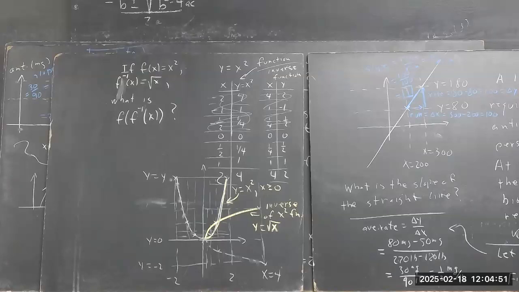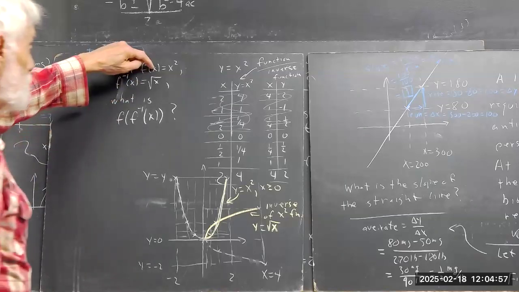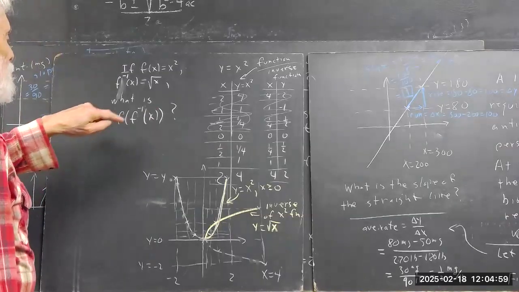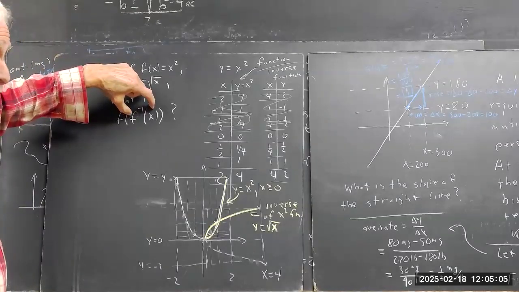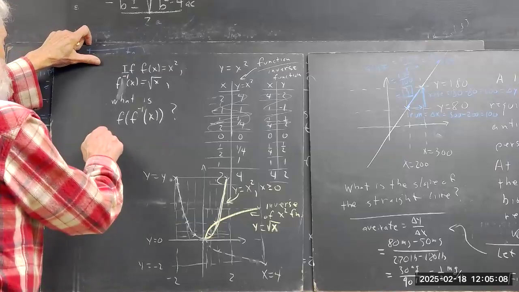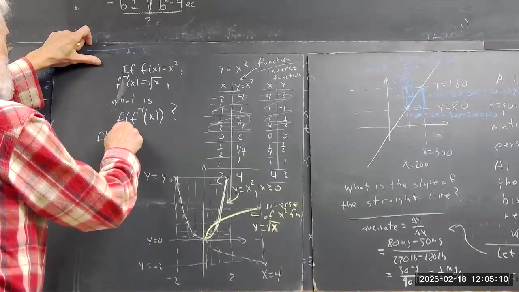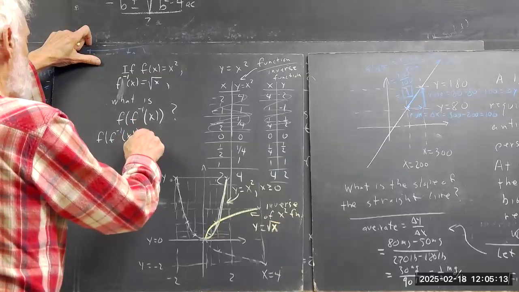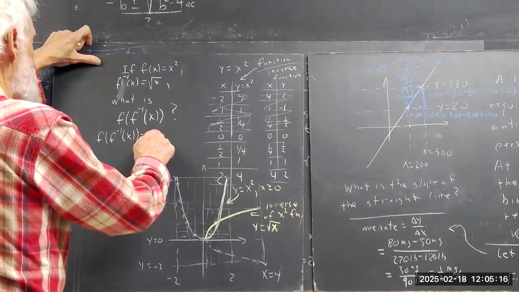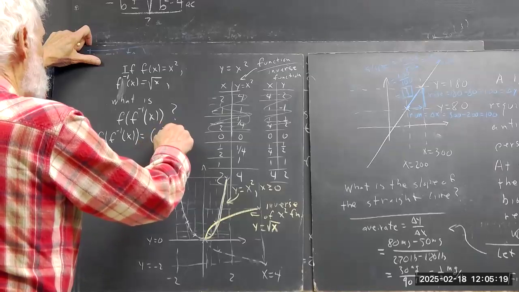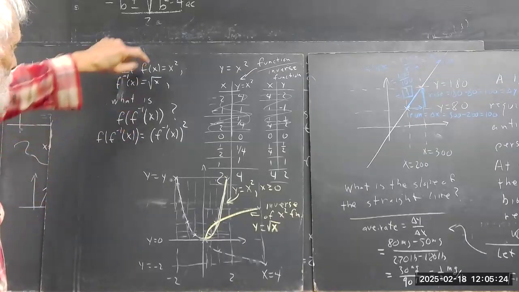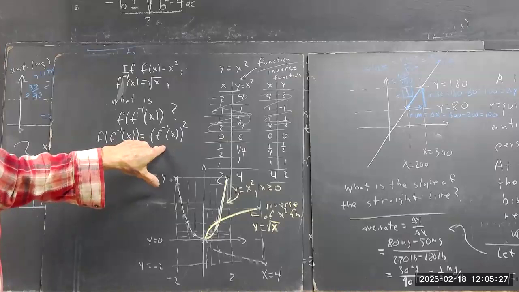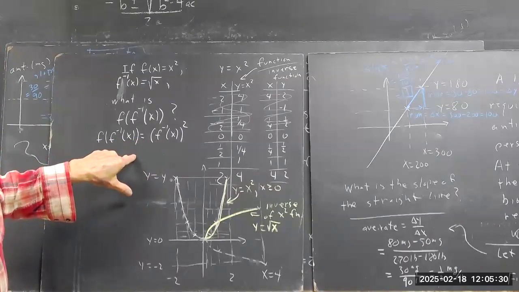Okay? Well, you go back to how you do composites. F of x equals x squared. So F of F inverse of x, you replace x by F inverse of x. And you replace this x by F inverse of x. It squares things.